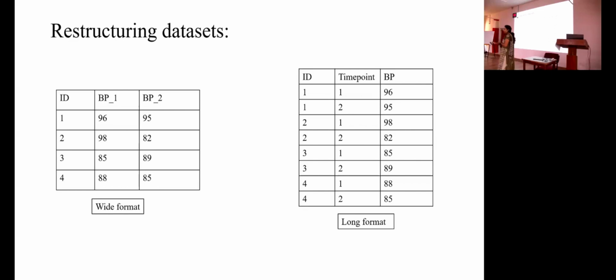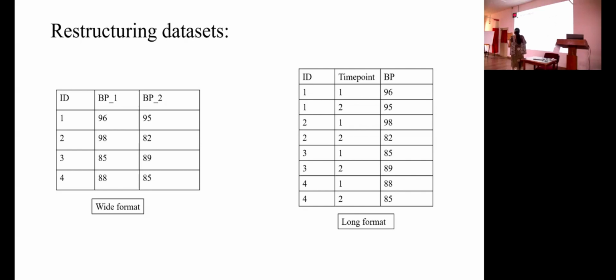From an analysis perspective, we won't use the wide data. We will convert this wide data into 2 columns. ID is the common one, then the BP measurement and the time points, time point 1, 2, 3, 4, whatever it is.